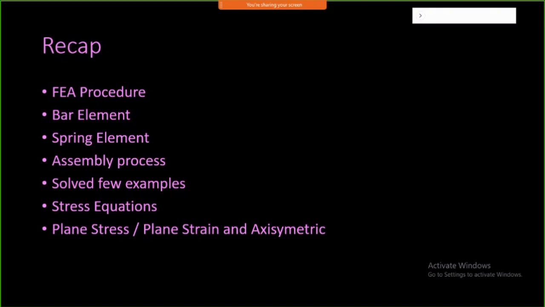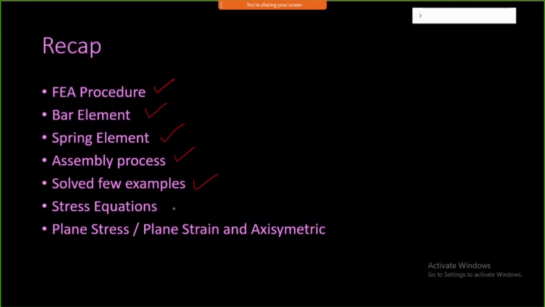So basically, what we have done till date is we have seen the FEA procedure, the elemental matrices for bar element and spring element, and the assembly process. We have solved a few examples on it.